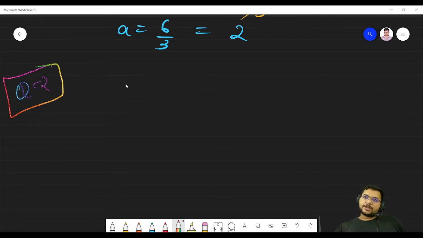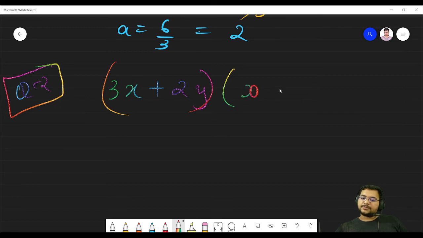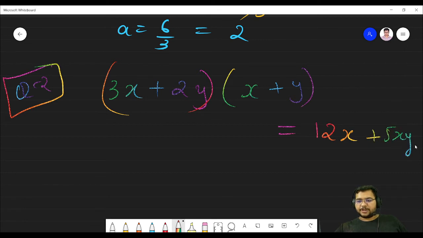So I can write an expression that is (3x plus 2y) into (x plus y) equals to, here I can write 3xy plus 5xy.